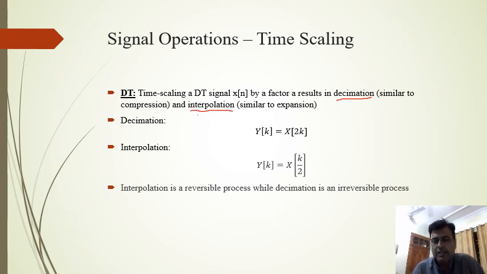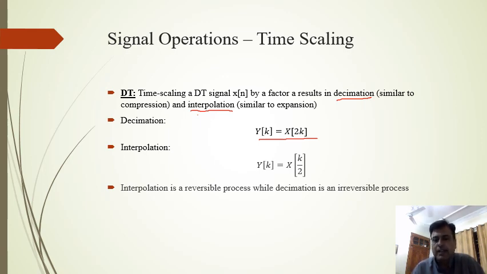So what is decimation? When we select a as greater than 1, for example, if we select a as 2, so our signal y of k, which is x of 2k, will be called a decimated version of original signal x of k.